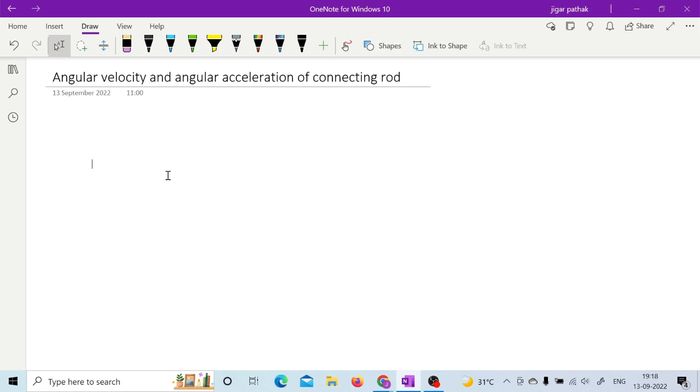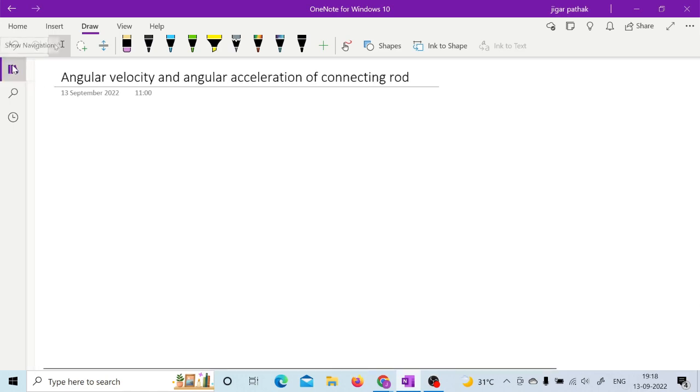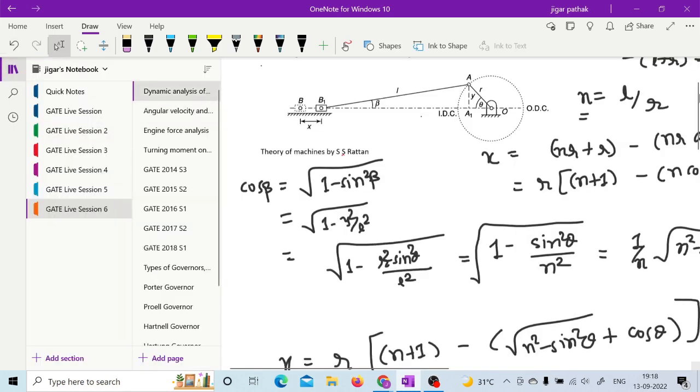So as you know from the geometry, again you can see this figure over here, right? So if you see here, y is actually in both the triangles, AA1B1 and AA1O.